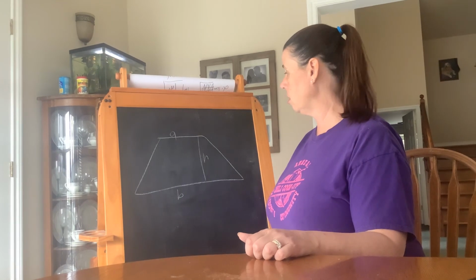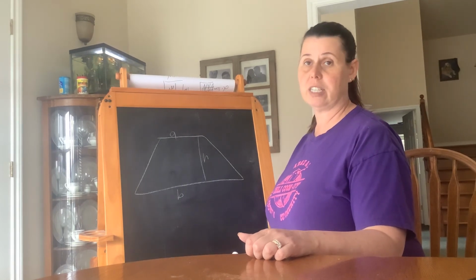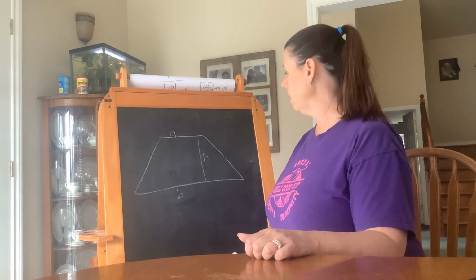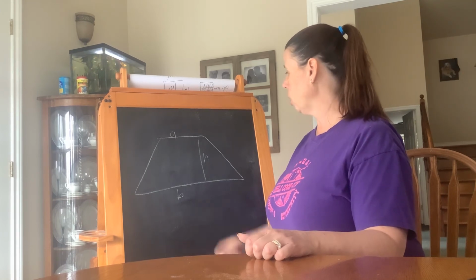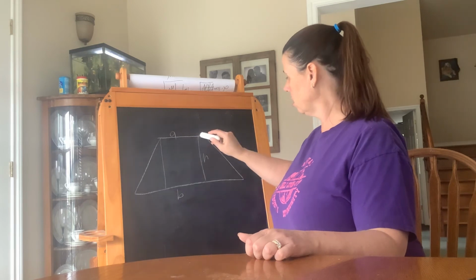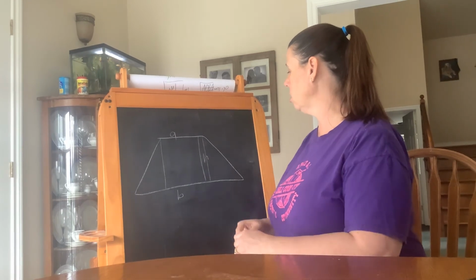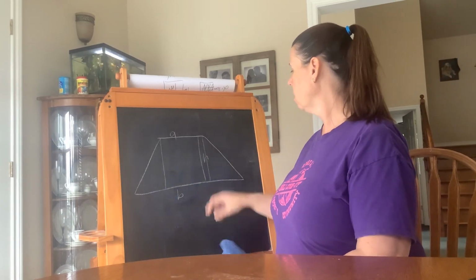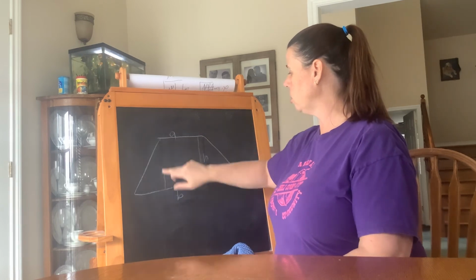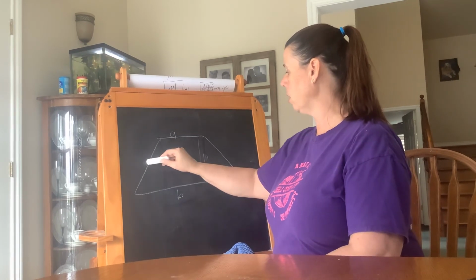So there's lots of ways you could do it. I'm interested to see how you guys do it, but we could cut it into 2 triangles and a rectangle. We could do what we've just learned and find the midpoint.